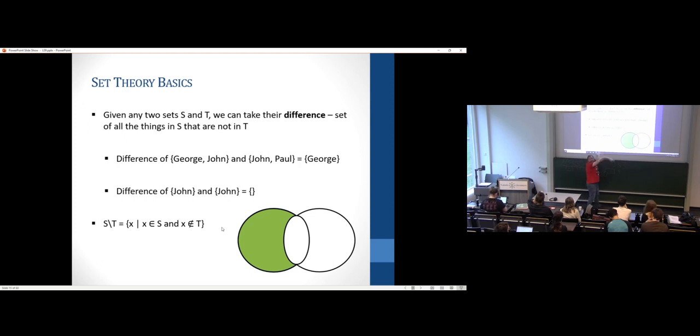So if we wanted to get Paul, if we asked what's the difference of John, Paul \ George, John, well, that's going to be the set with just Paul as a member. Yeah, exactly. So again, it depends on which one you're doing. Is it the difference of the one on the left from the one on the right, or the difference of the one on the right from the one on the left?